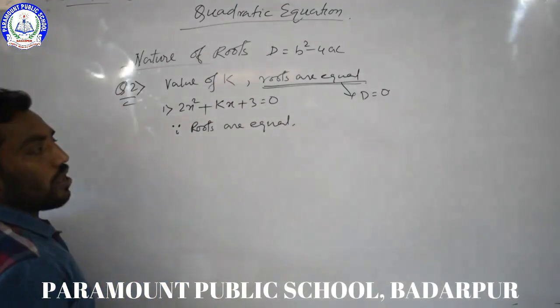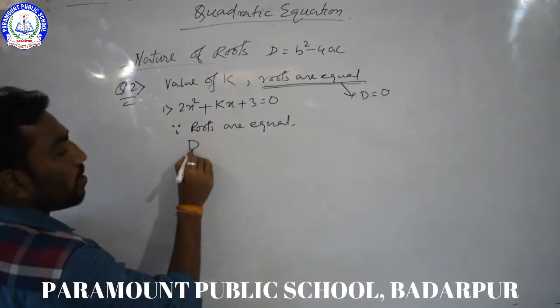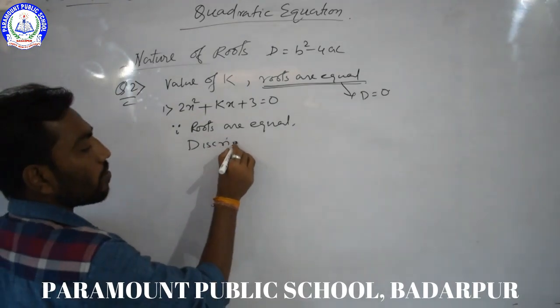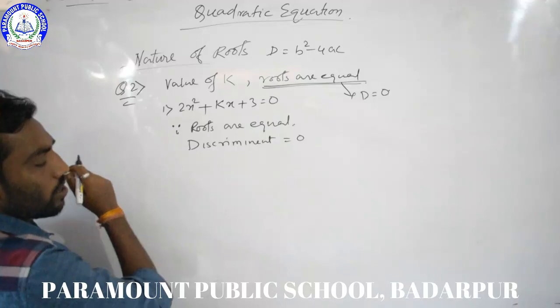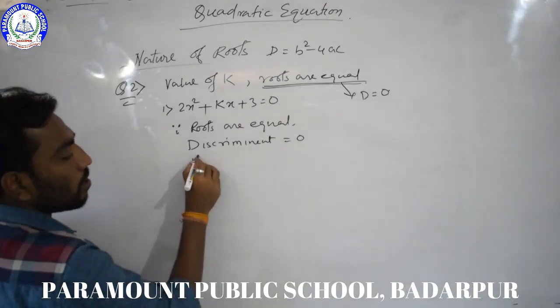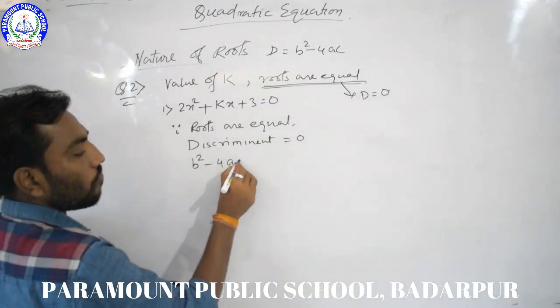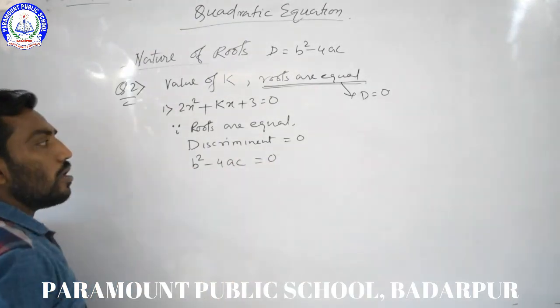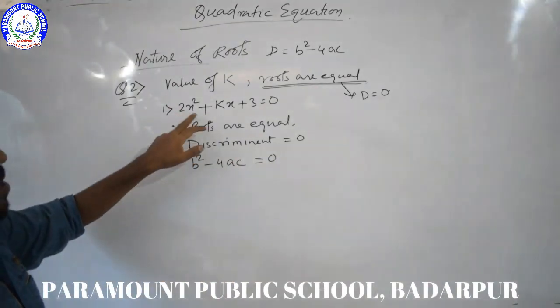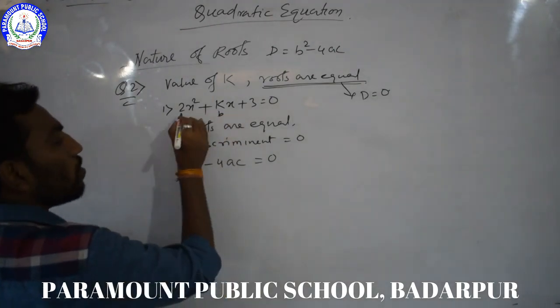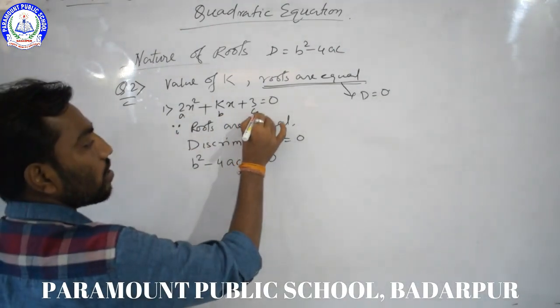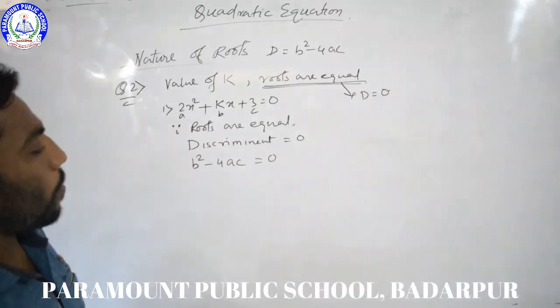since our roots are equal, so we can say discriminant is equal to 0. And we know our discriminant formula is nothing but b square minus 4ac. So what is the b value from our given equation? From given equation we can see this is our b value, this is our a value and this is our c value.